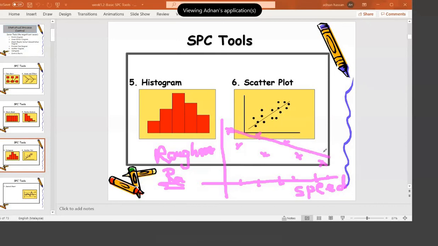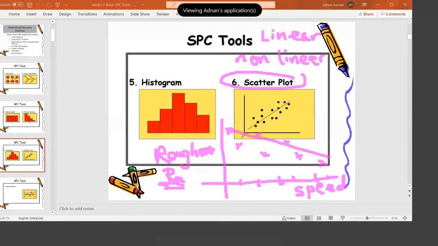Now, another issue with the scatter plot: we assume it is a linear relationship, but sometimes it is non-linear. This is linear, you have only a straight line, but sometimes there is non-linear. We have to see whether it is a straight line or a curvature.